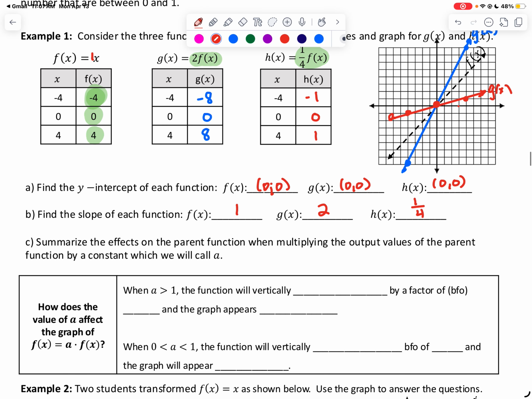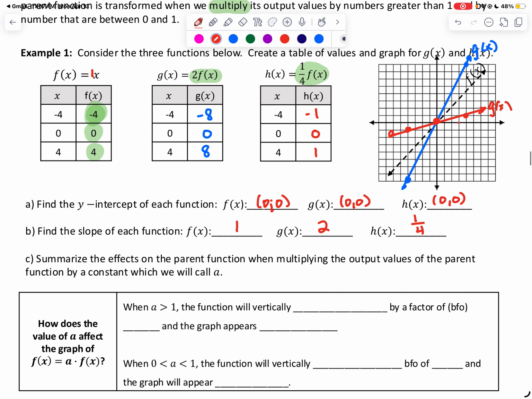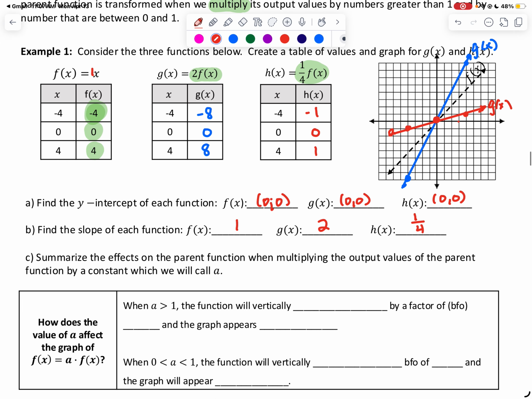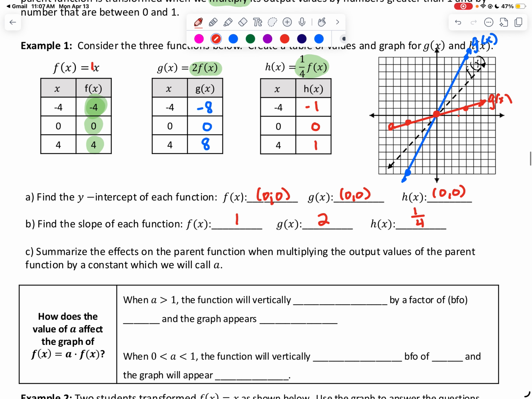So it says summarize the effects on the parent function when we multiply the output values of the parent function by a constant value, which we will call a. So I'm going to say the parent function got steeper or flatter when multiplying it by a constant value.